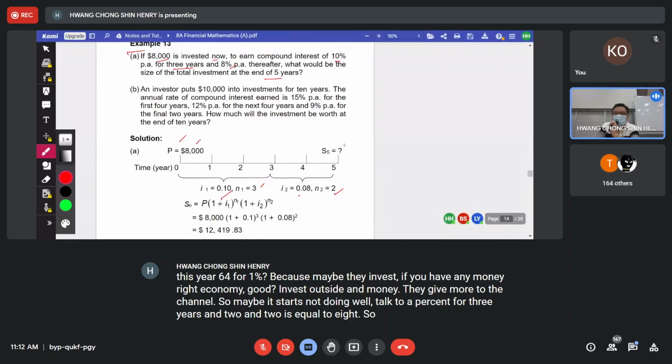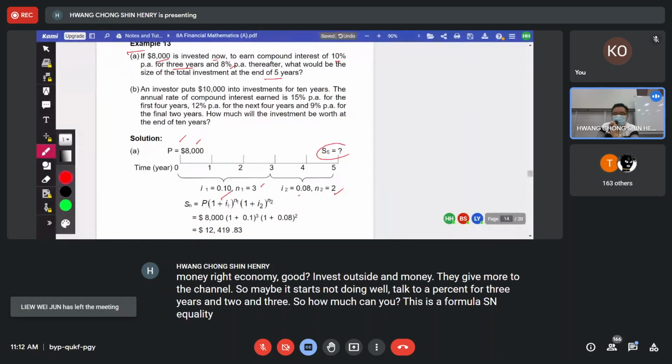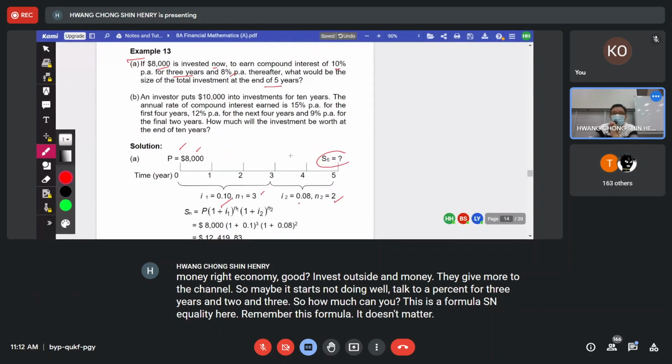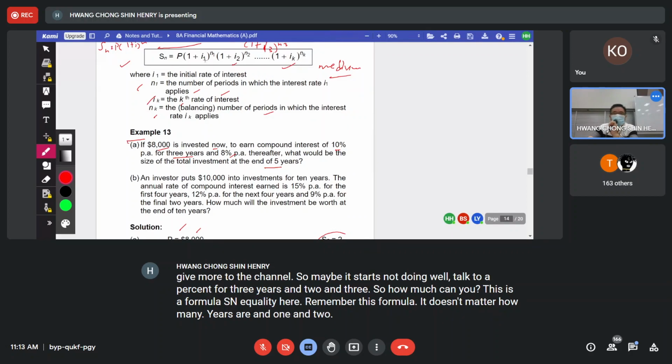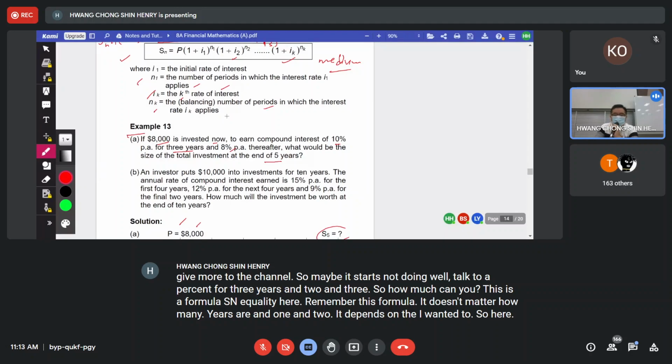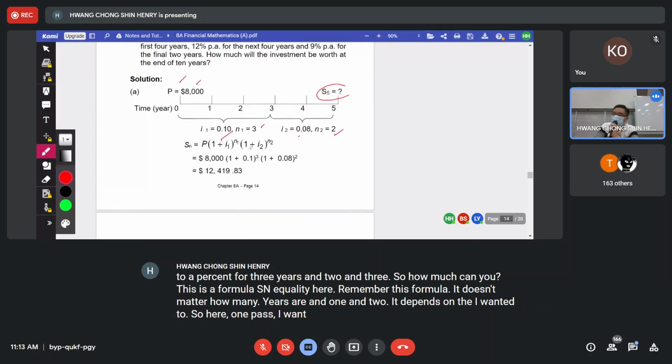So how much money do you earn here? This is the formula, Sn equal to P. Remember this formula? It doesn't matter how many years are N1, N2, it depends on the I1, I2. So here, P times (1 plus I1) power N1 times (1 plus I2) power N2, with P is 8,000.